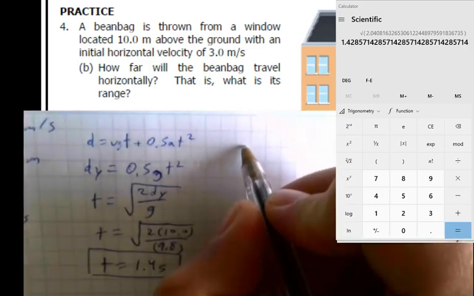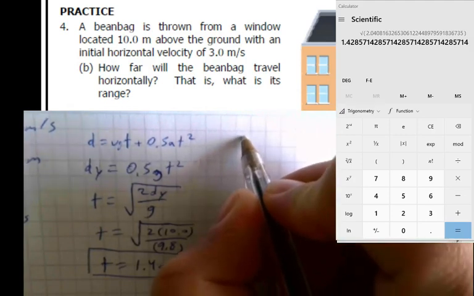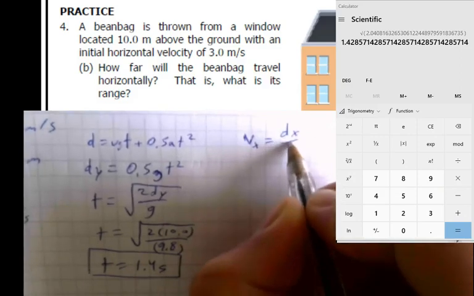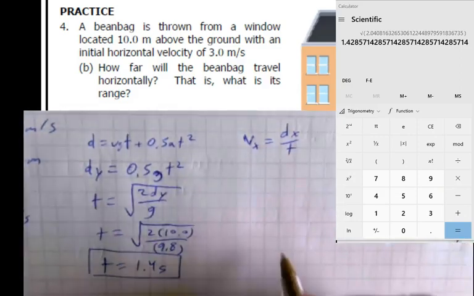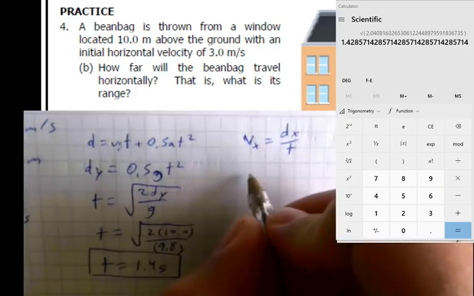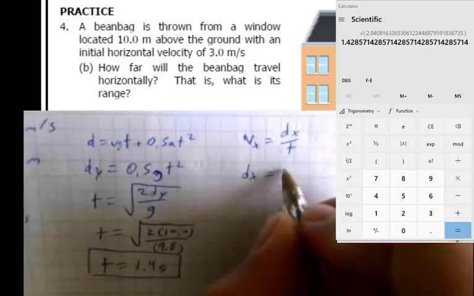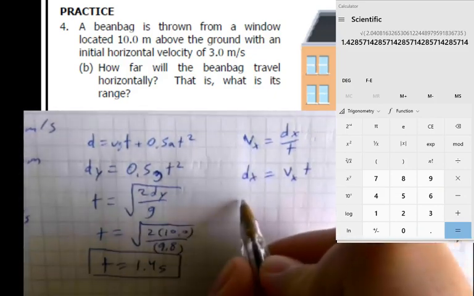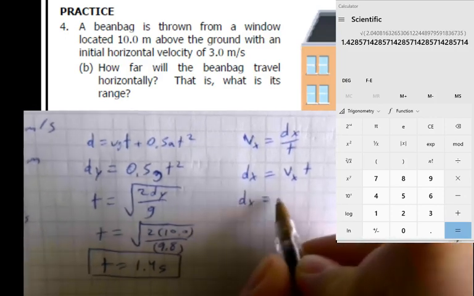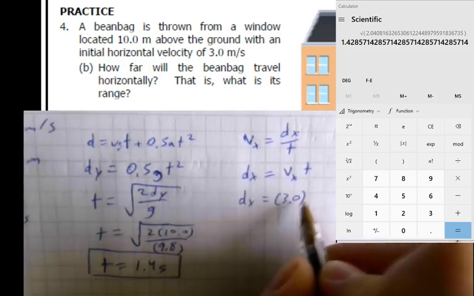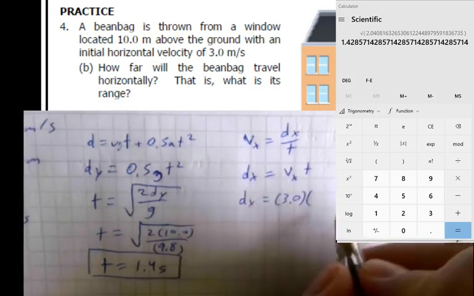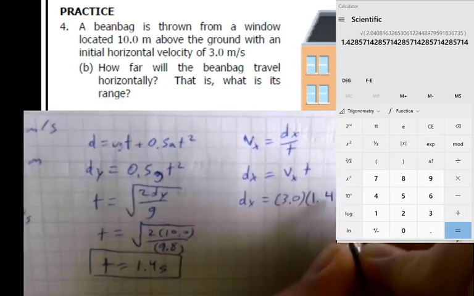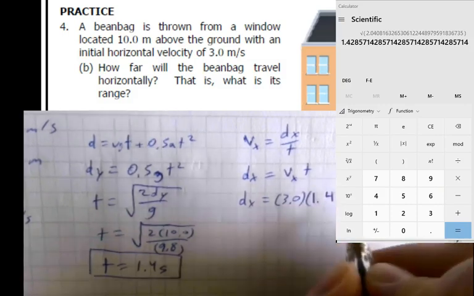So to find this distance, remember we're using the Vx equals dx over t equation. And I'm just trying to solve for dx, which is my range. So it's Vx t. And dx equals Vx, which is 3.0. My t, I'm just going to write in 2 extra decimal places, so 1.43 would be good.